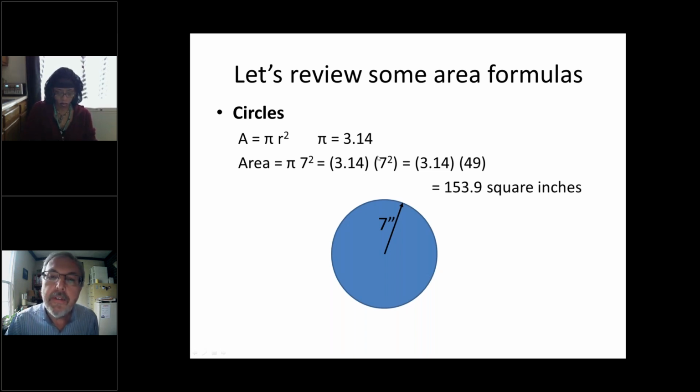And remember that 7 squared is 7 times 7. So 7 times itself twice. So 7 times 7 is 49. So 3.14 times 49 is 153.9 square inches.